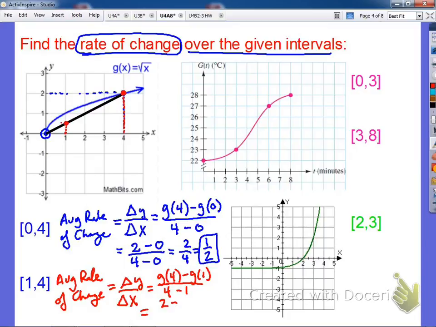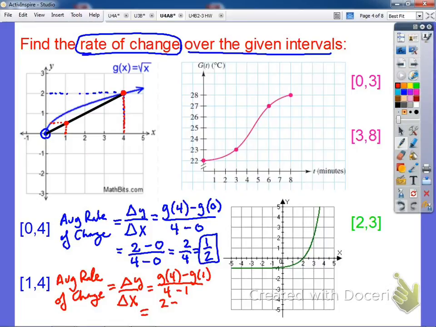Sure about that? What's the height when x is 1? Oh, my bad. I just made a mistake. Supposed to be going up to the curve, not that crazy line that I just drew.